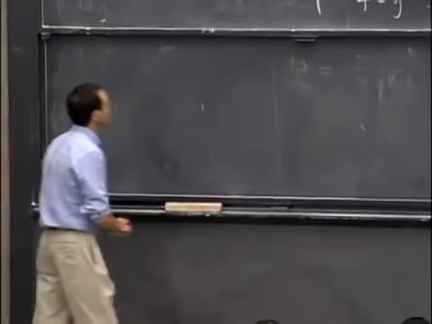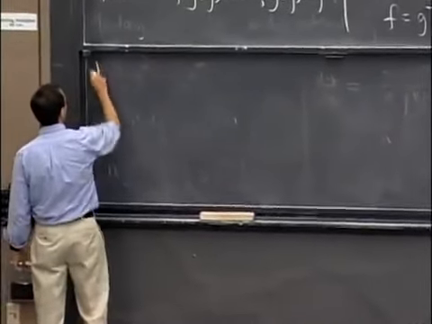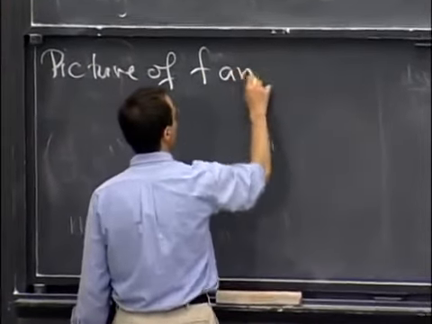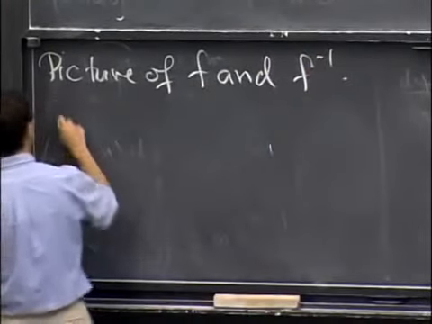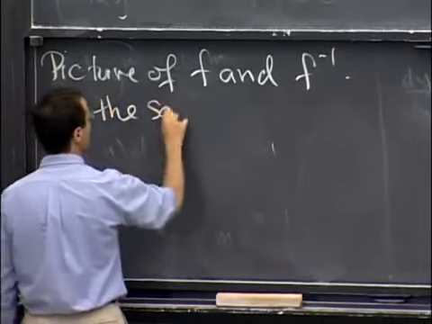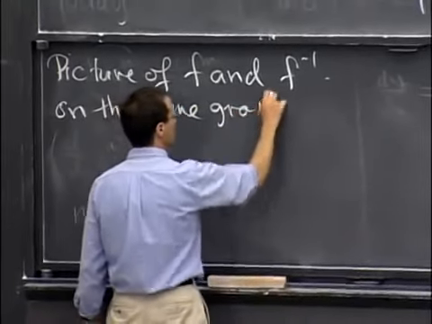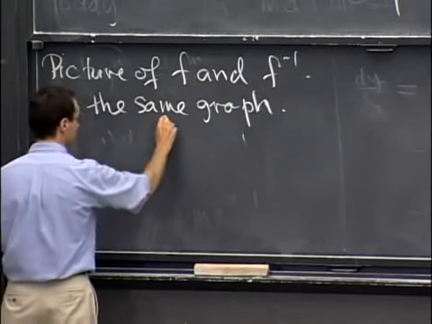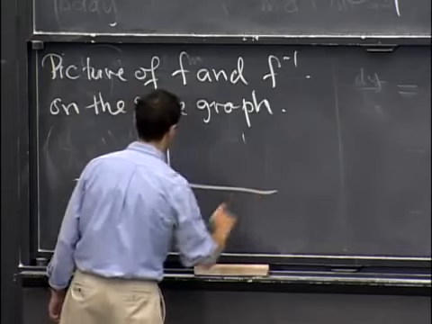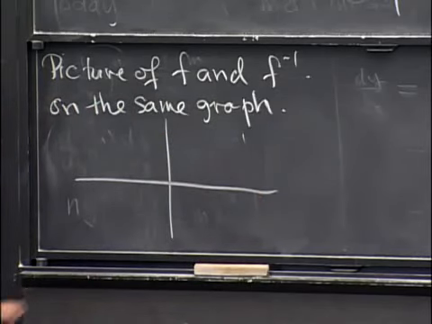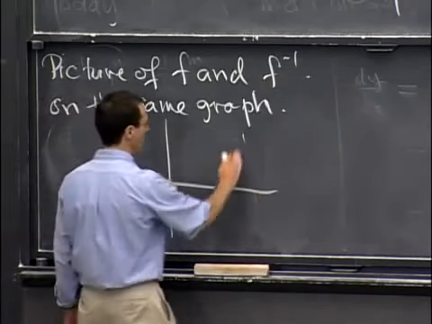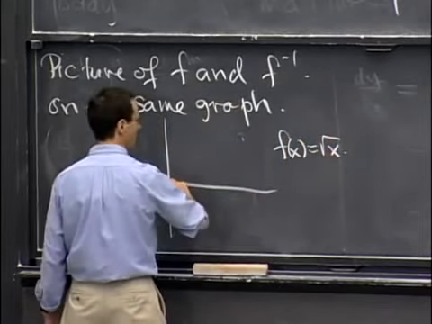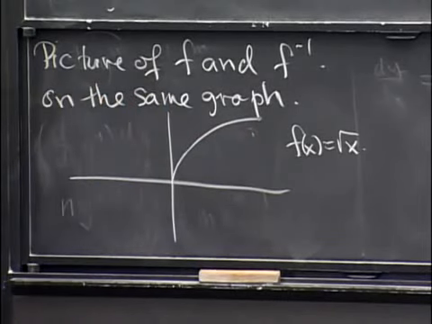So let's draw a picture of both f and f inverse on the same graph. So first of all, I'm going to draw the graph of f of x is equal to square root of x. All right, that's some shape like this.